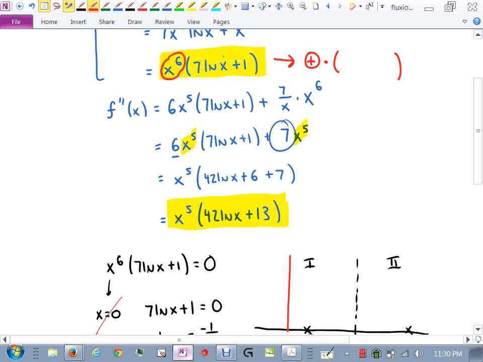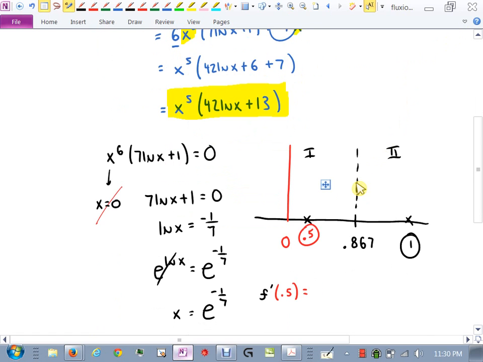So I'm going to take natural log of 0.5 on my calculator, then times 7, then I'm going to add 1. I get negative 3.85. So I have a positive times a negative. This is a negative number. So what that tells me is down here, my original function, because my derivative was negative, is decreasing.